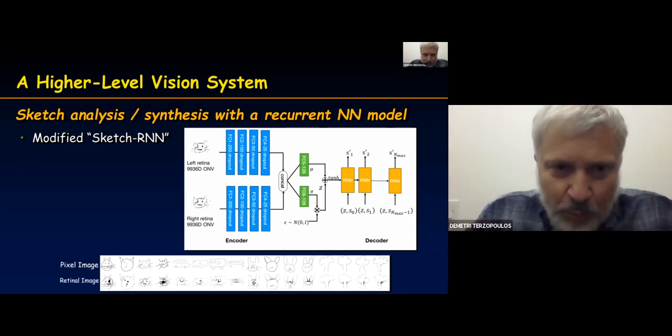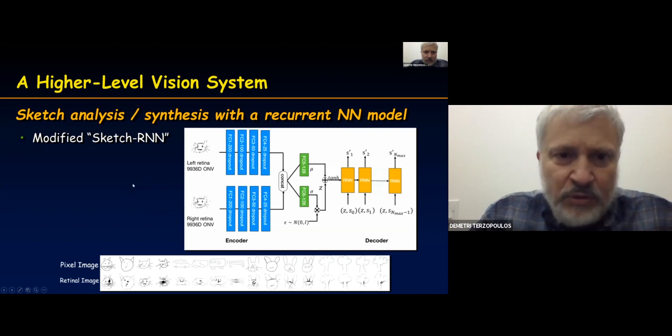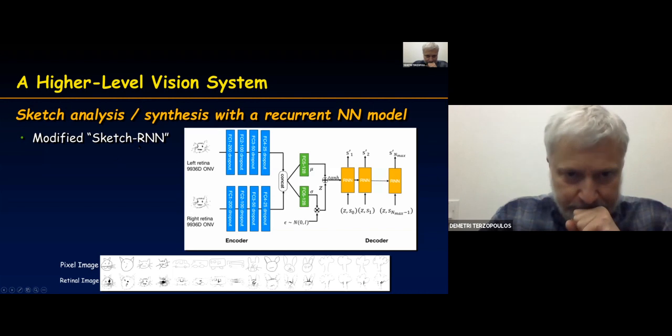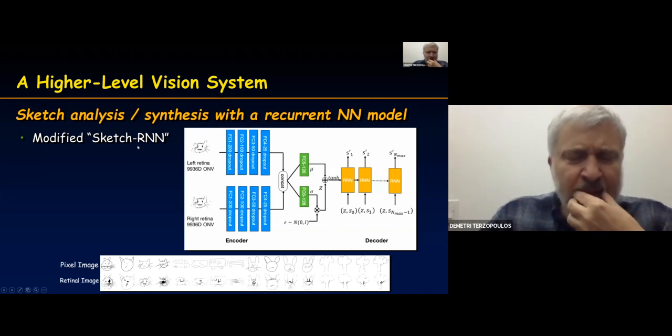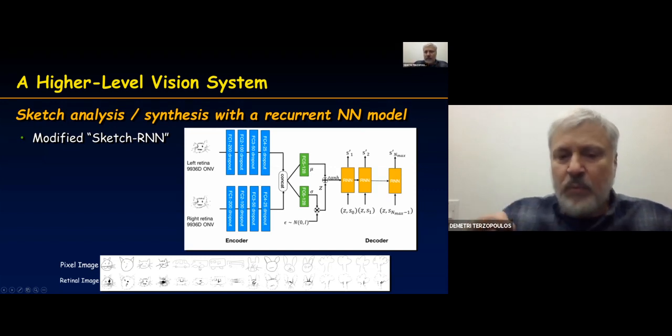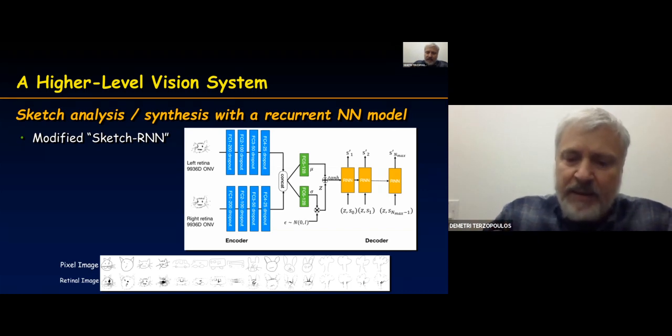So what we did for this was use what's known as sketch RNN. This is sort of a Google system that has been trained. It's been trained on lots of examples of sketches like this, hand-drawn sketches where the pen trajectory, the recording of pen strokes, has been recorded for each of these sketches.